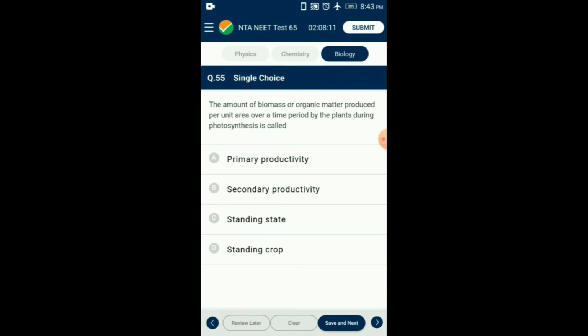The biomass of the species is expressed in terms of fresh weight or dry weight. Measurement of biomass in terms of dry weight is more accurate. Primary production is defined as the amount of biomass or organic matter produced per unit area over a time period by plants during photosynthesis. So the answer for this question is option A, primary productivity.